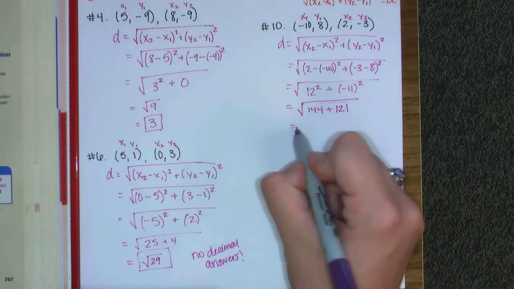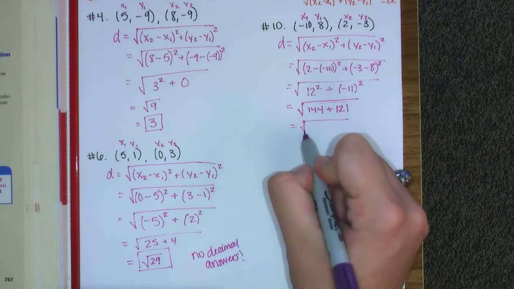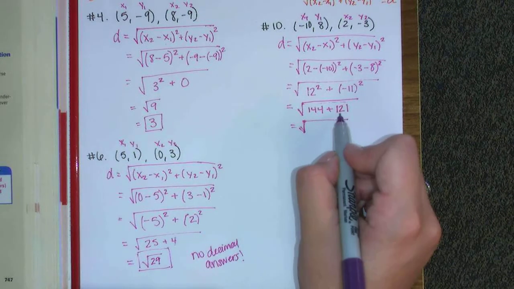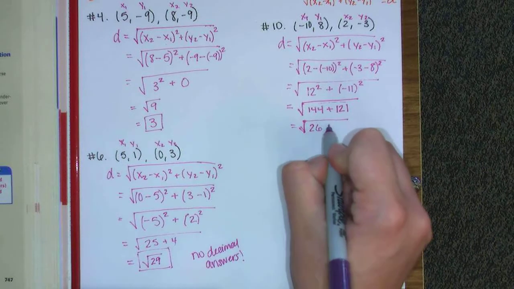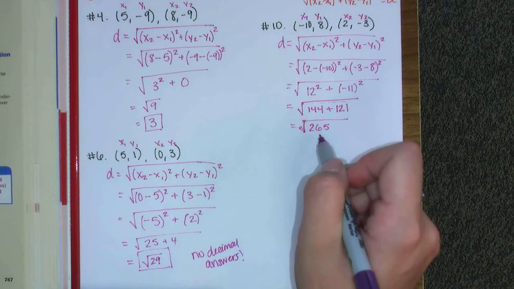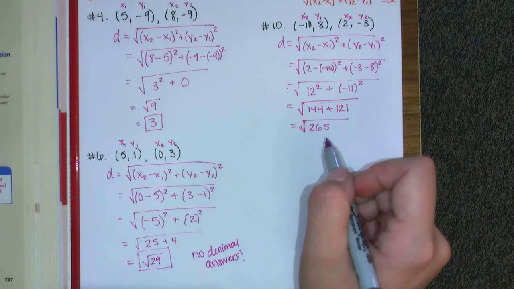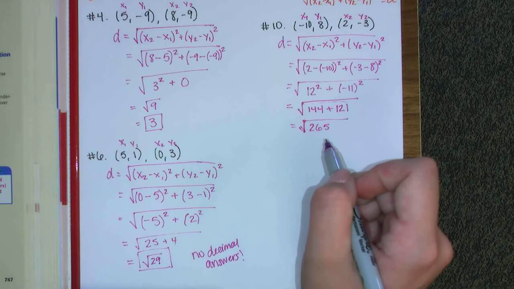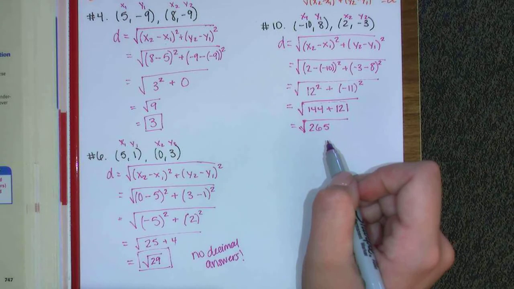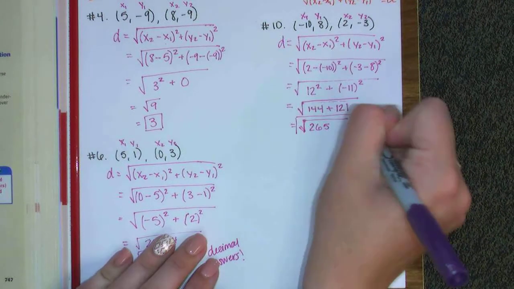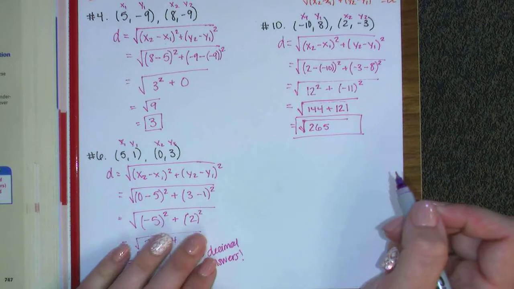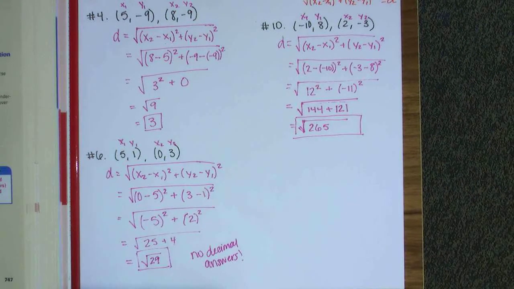So then I just need to add these two things together. Okay, and remember, I can't break these up into two separate things. I have to leave them together. 144 plus 121 is 265. And I don't think I can break that down any farther. According to the book, I can't break it down any farther. So it's the square root of 265 for that one.